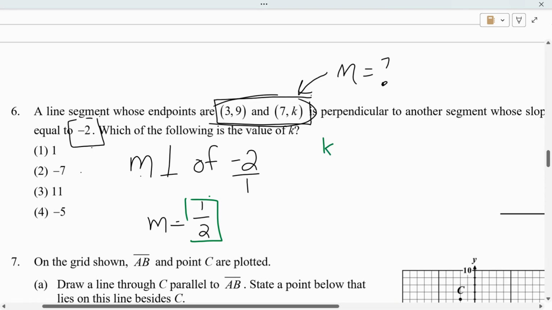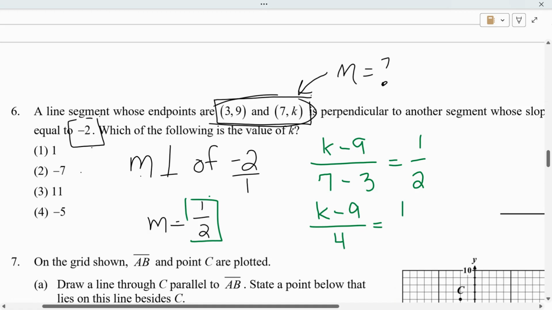So K minus 9 over 7 minus 3 has to equal 1 over 2. Let's simplify. I can't do anything with the K minus 9, but 7 minus 3 is 4. And that has to equal 1 over 2.